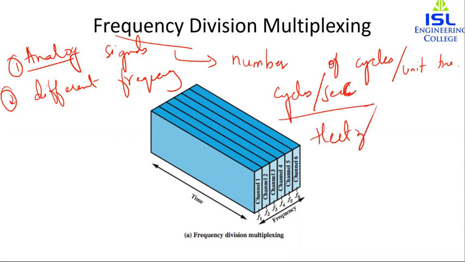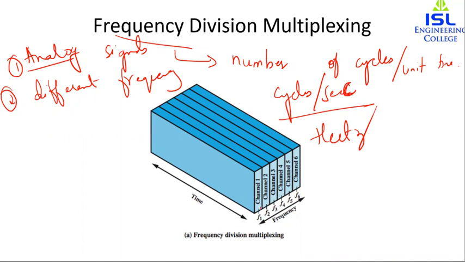In this technique, signals generated by each sending device are modulated into different carrier frequencies. For each signal, we assign a different frequency, and these signals are then combined into a single composite signal.